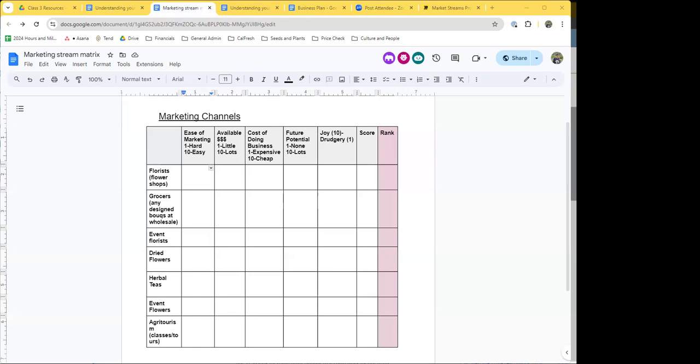So the next one is the available money. How much money is there to be made in the different market streams? Maybe you're having to sell to grocers at a much lower price, but at your farm stand, your premium price, you can make money. You're not thinking of cost of doing business, that's the next one.